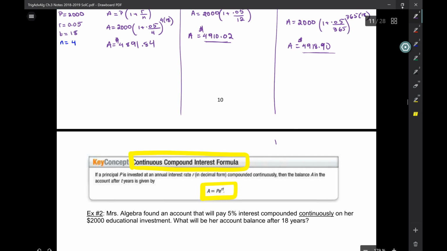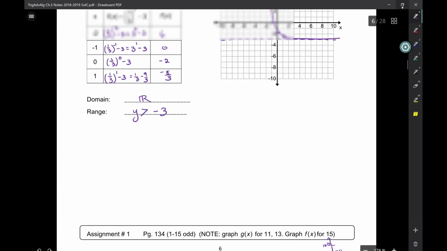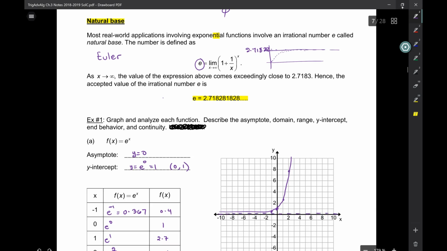You know how in this formula you had 1 plus r over n to the power of nt? Remember what we did yesterday? We said if you have 1 plus 1 over something to the something, that just becomes e.